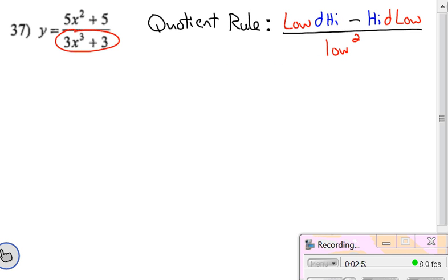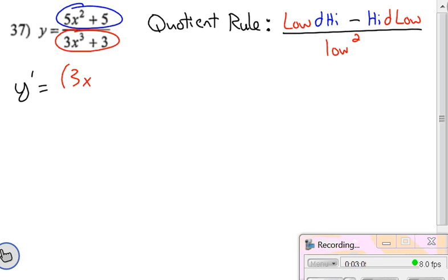Okay, another quotient rule, function on the bottom, function on the top. So we want to use the quotient rule to find the derivative because they're divided by each other. So low d high.